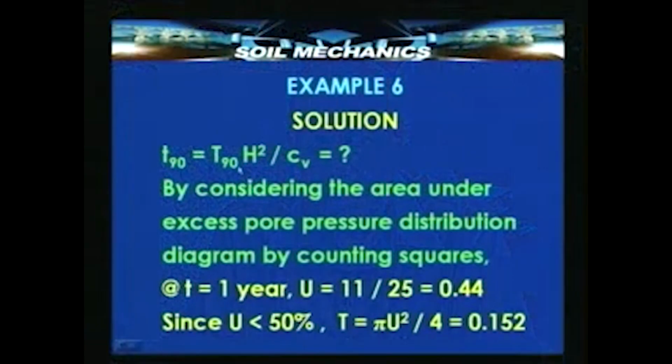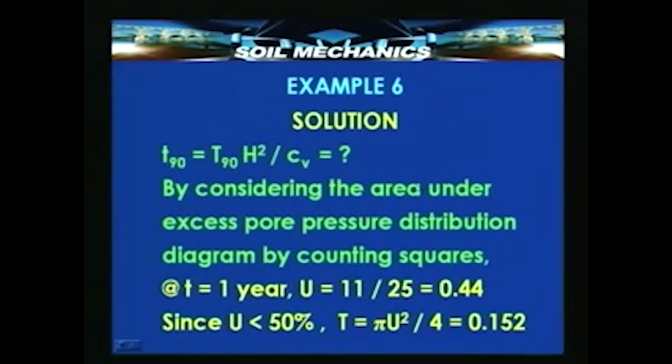Now, we know a value of capital T, we know that the corresponding small t is 1, we know that the system is a double draining system, and if we know the thickness of the clay layer, then we can calculate CV. What we actually need is the time corresponding to 90% consolidation, and what we have is capital T corresponding to 44% consolidation.